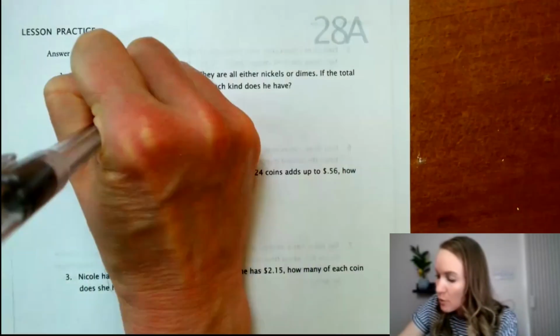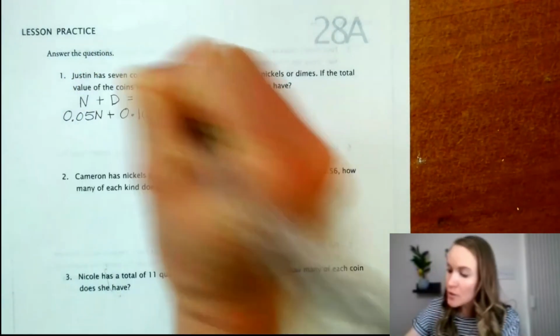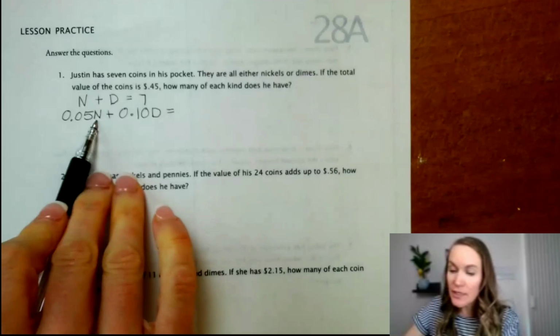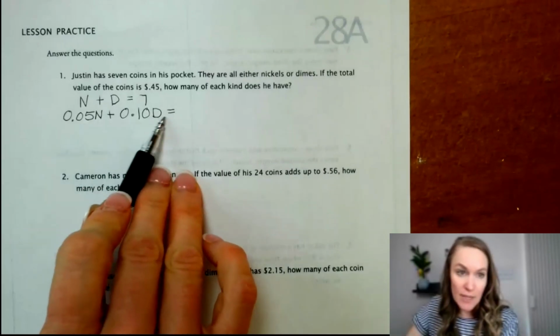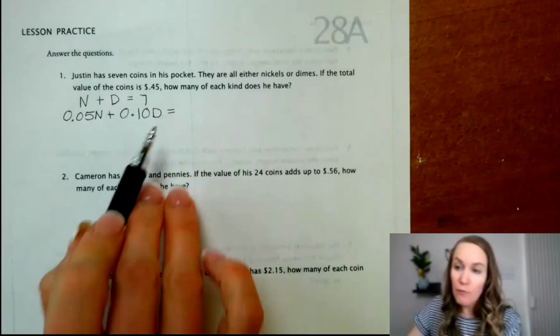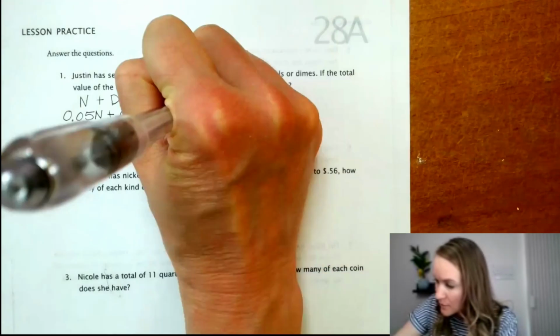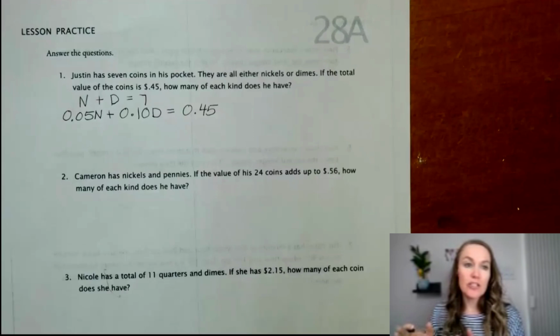So 0.10 dimes equals, so how many nickels I have times 0.05, and then how many dimes I have times 0.1, that's going to equal 45 cents. So 0.45. How many of each kind does he have?